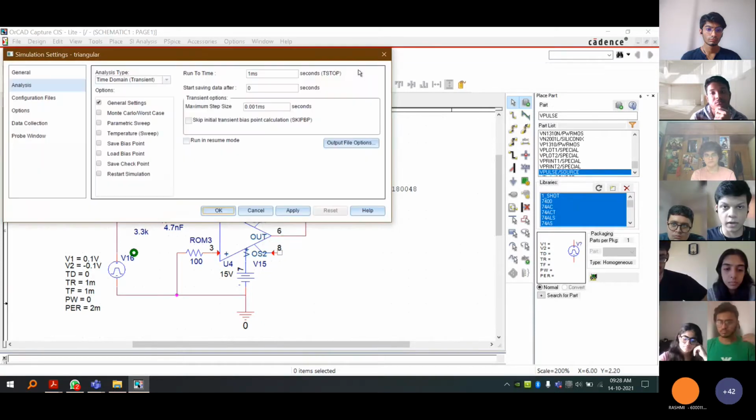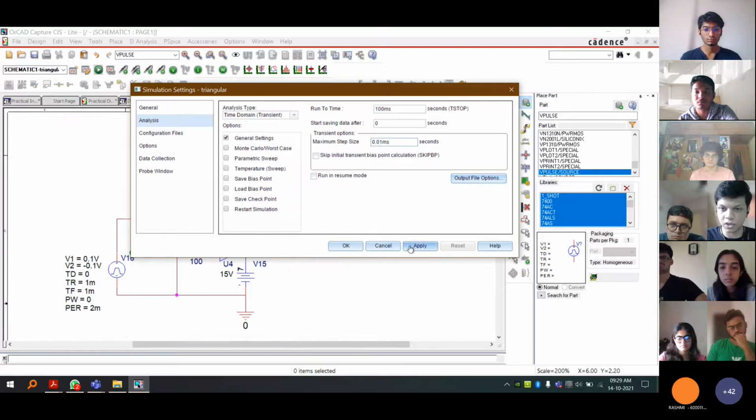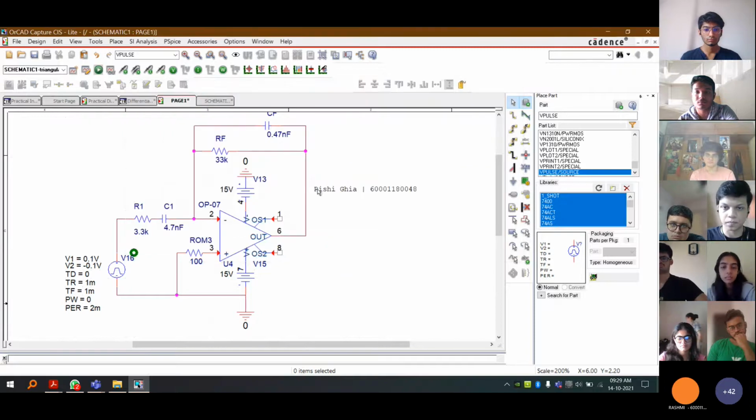All right, there we go. These settings are pretty much all right, but since we're running for 500 hertz, I believe I should make this 100 milliseconds. There we go, torturing my laptop again. I'll make this 0.1 milliseconds instead of 0.01. Apply.